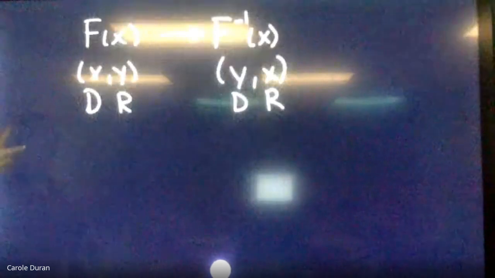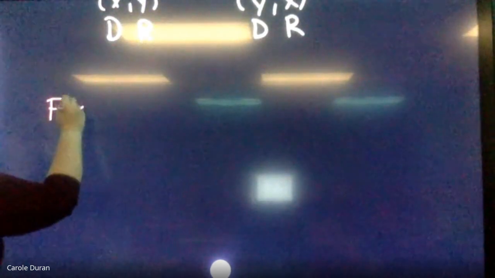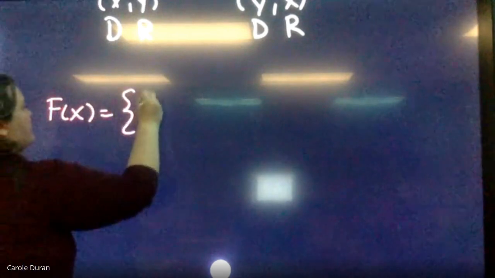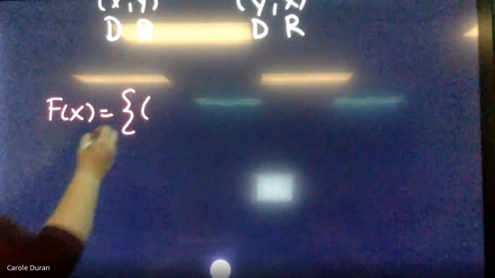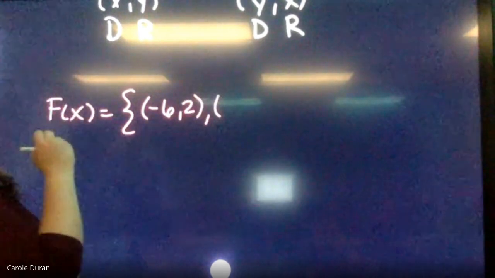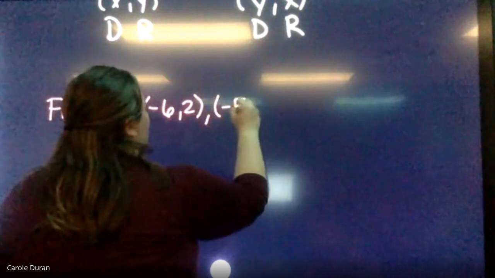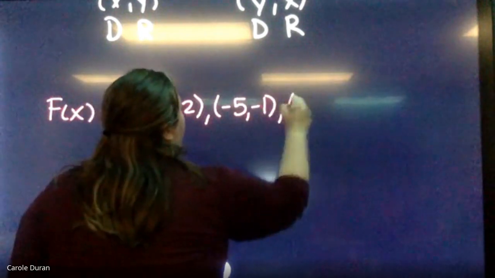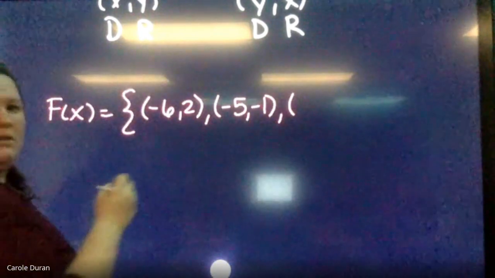let's say that I have a function that is a collection of a set of points. So if my original function f of x is the set of these points, we're going to go ahead and find our inverse set.